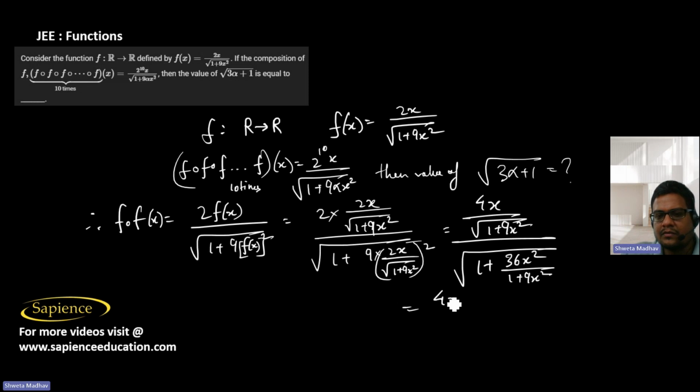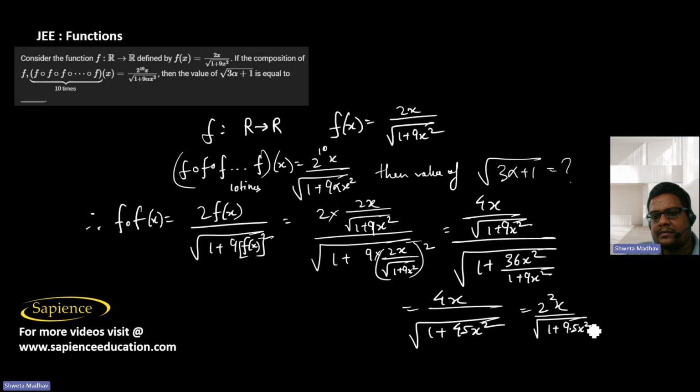So this will be equal to 4x by square root of 1 plus 45x square, which is equal to 2 power 2x by square root of 1 plus 9 into 5x square.